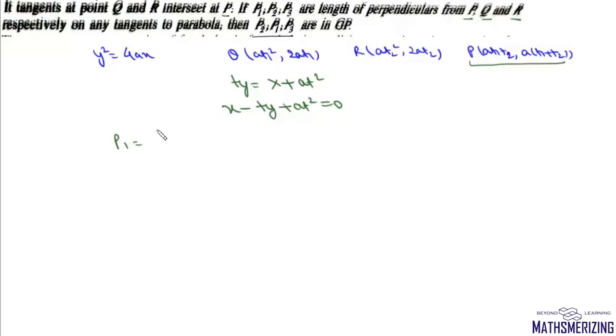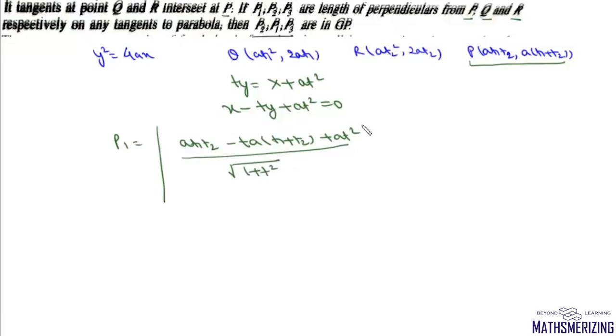So P1 will be, we'll put the value of x, so it is |at1t2 minus ta(t1 plus t2) plus at square| upon under root of 1 plus t square.